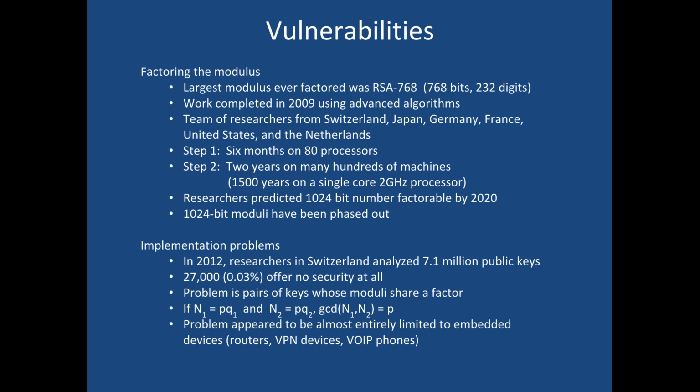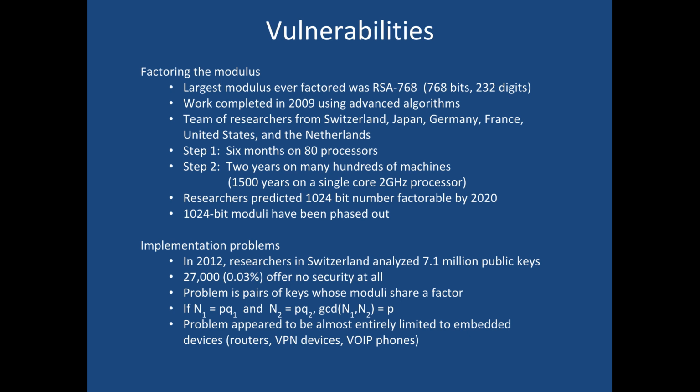Assuming good random number generation, you need a good factoring algorithm to do this. Now, no one's found a good factoring algorithm except on quantum computers. There are quantum algorithms that can do fast factoring. So if they ever succeed in building an operating real quantum computer, they already know how to program it to defeat RSA.